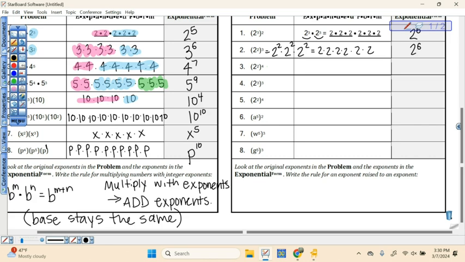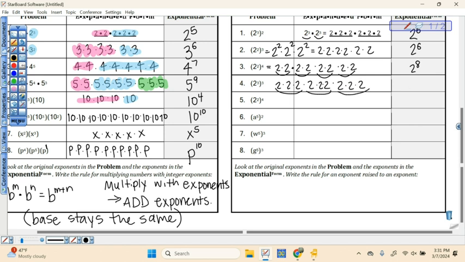All right, so number 3, we've got 2 squared to the 4th, right? So that's going to be 2 times 2 times 2 times 2 times 2 times 2 times 2 times 2. 2 squared 4 times, how many 2's are there total? 8 of them. 2 cubed, cubed: 2 times 2 times 2, 3 times, so 2 times 2 times 2 times 2 times 2 times 2.